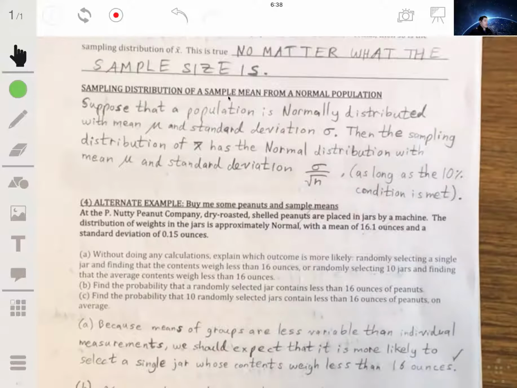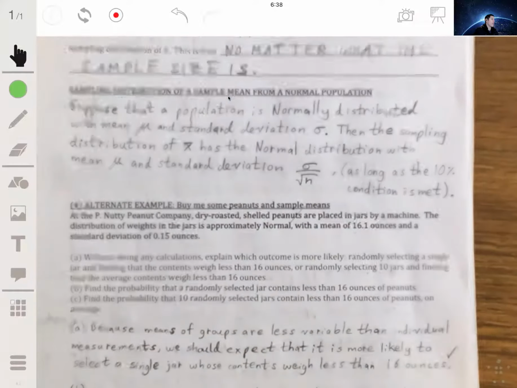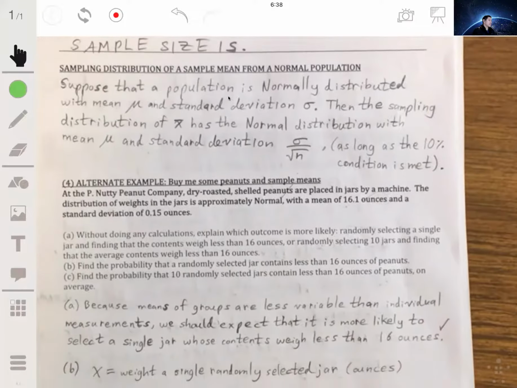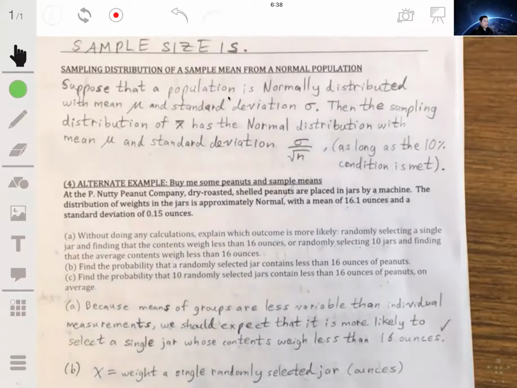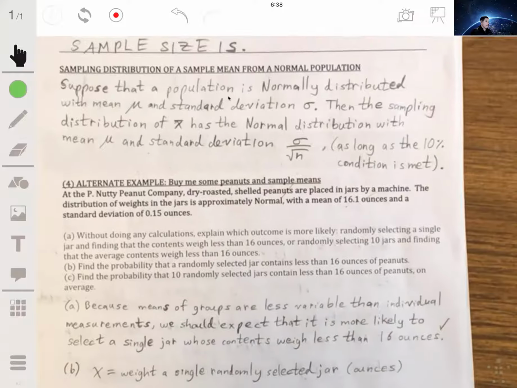When you're doing these problems, make sure you define your variables: what your mean is, what your standard deviation is, what your variables represent. So X will be the weight of a single randomly selected jar measured in ounces, and we're trying to find the probability that X is less than 16.